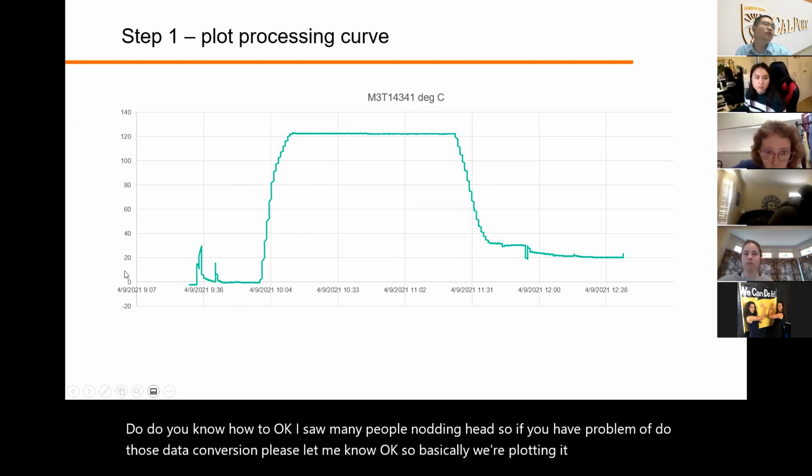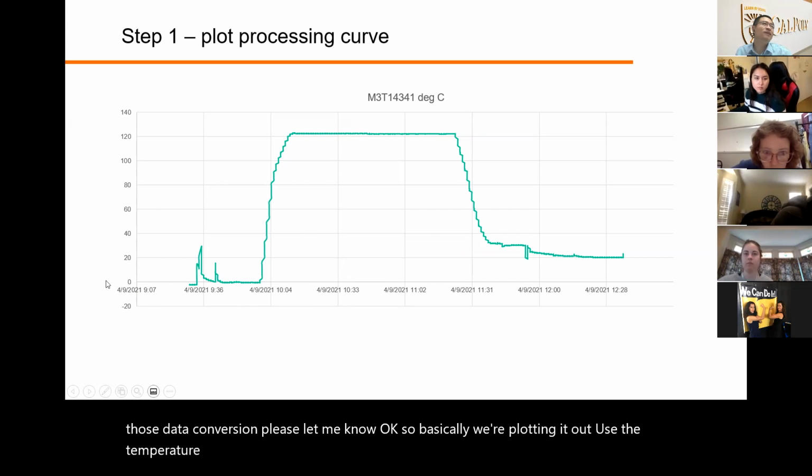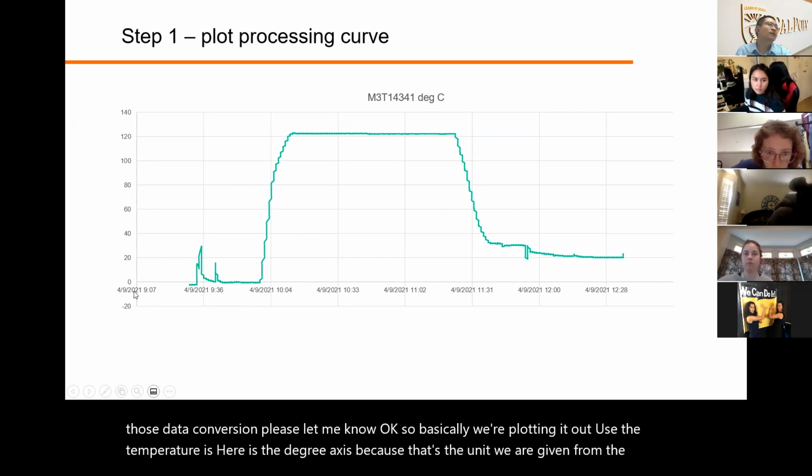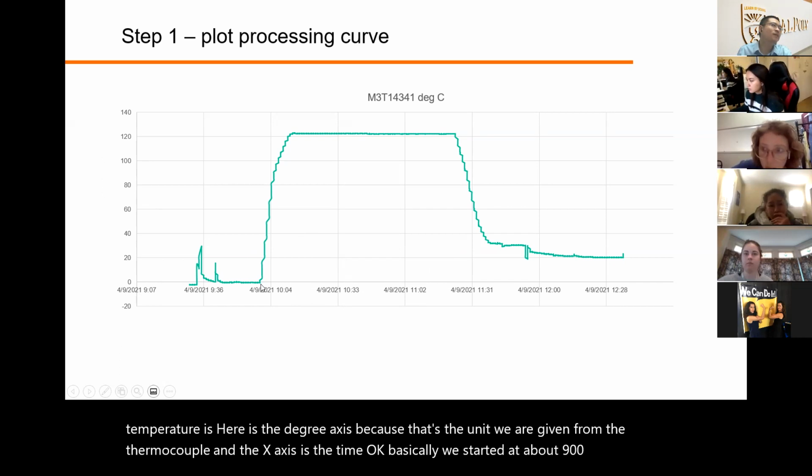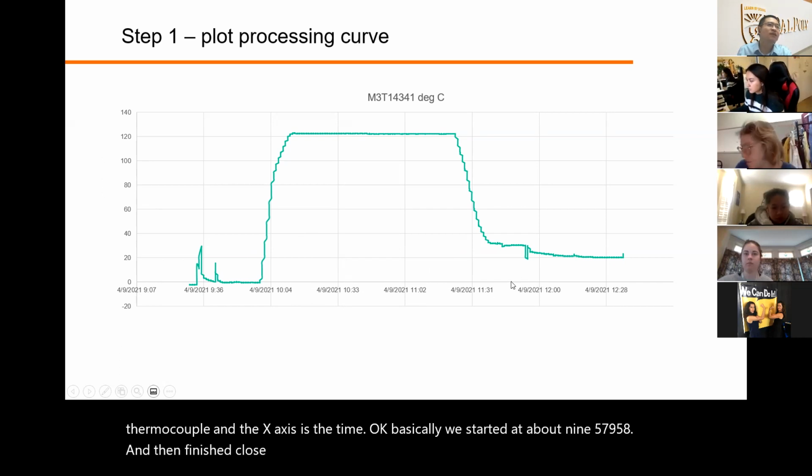Use the temperature on the y-axis, because that's the unit we are given from the thermocouple, and the x-axis is the time. Basically we started at about 9:57, 9:58, and then finished close to 11:30, 11:40-ish, right? So this is our processing time.